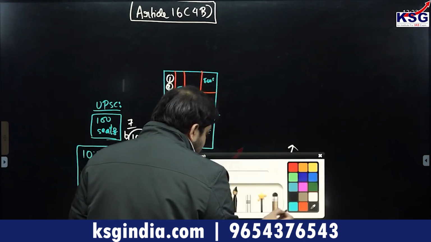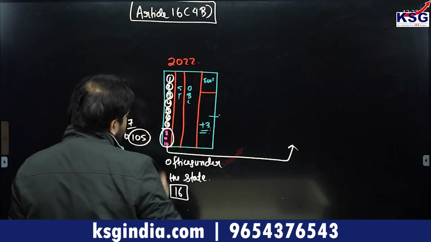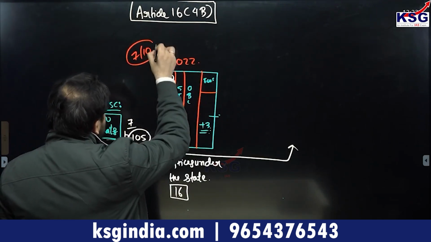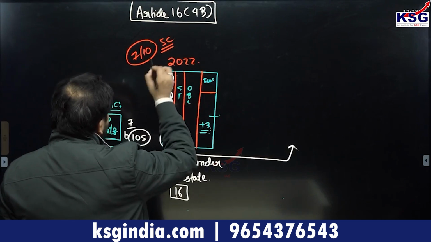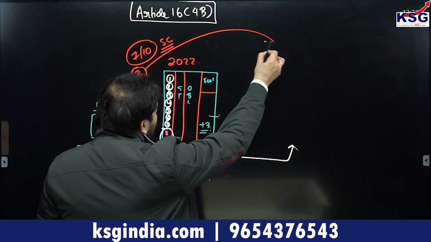For example, let's say this is the UPSC notification for 2022. Only 7 out of 10 SC seats were filled. So the 3 remaining seats will not be given to the open category; they would be carried forward.